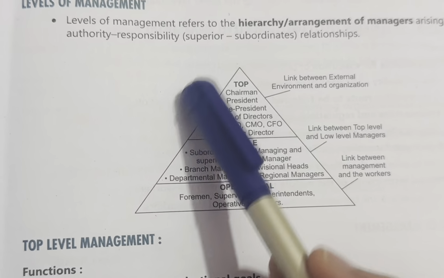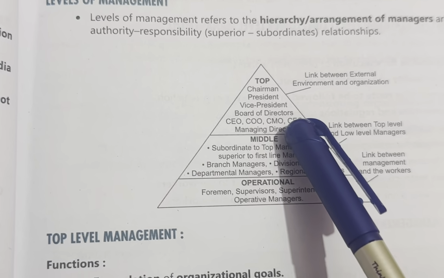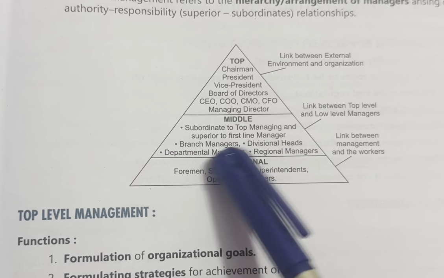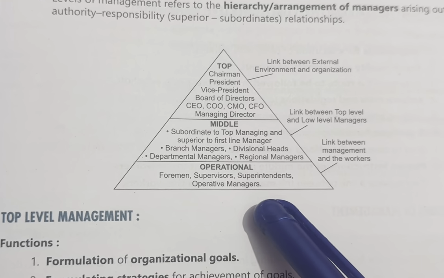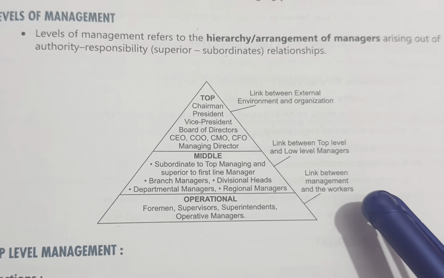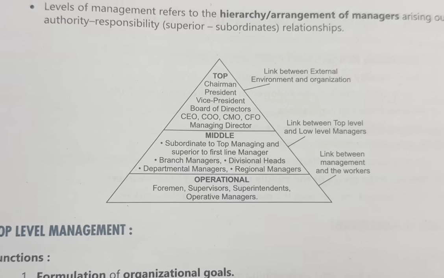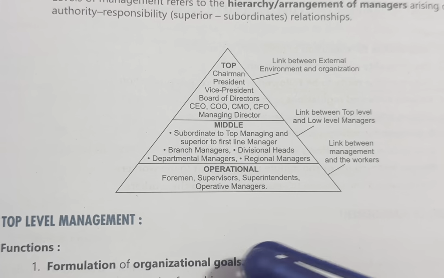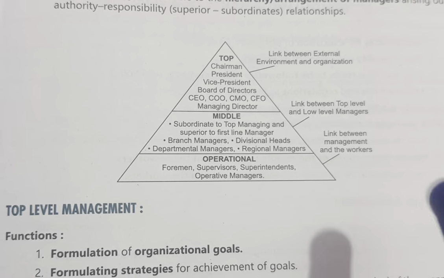According to that, top level management makes changes in the organization. Middle level management is a link between top level and lower level management. Now here, operational is a link between management and the workers. Under the operational level of management, there are workers. So this is a link between the management and the workers.